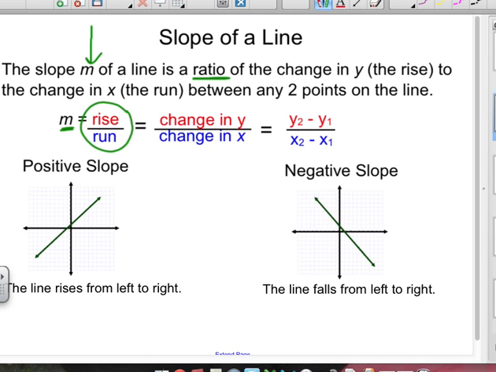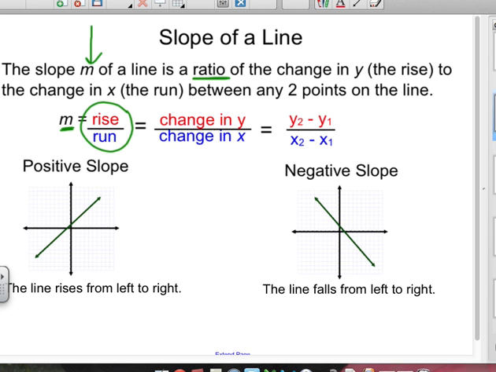Calling slope rise over run, or change in y over change in x, or y2 minus y1 over x2 minus x1, it's all really just the same thing. There are just different ways to get to the final answer of what slope is. And today I circled rise over run. That's the one that we're really going to be focusing on in this lesson.